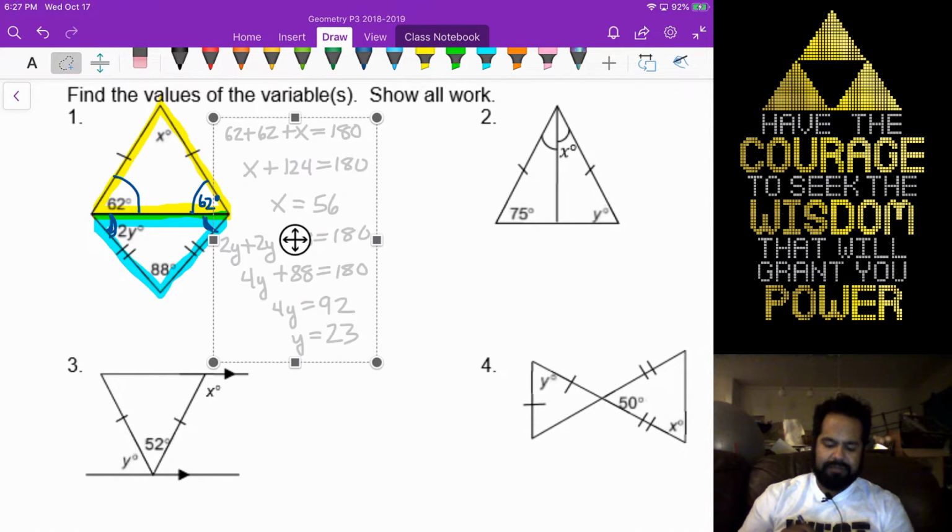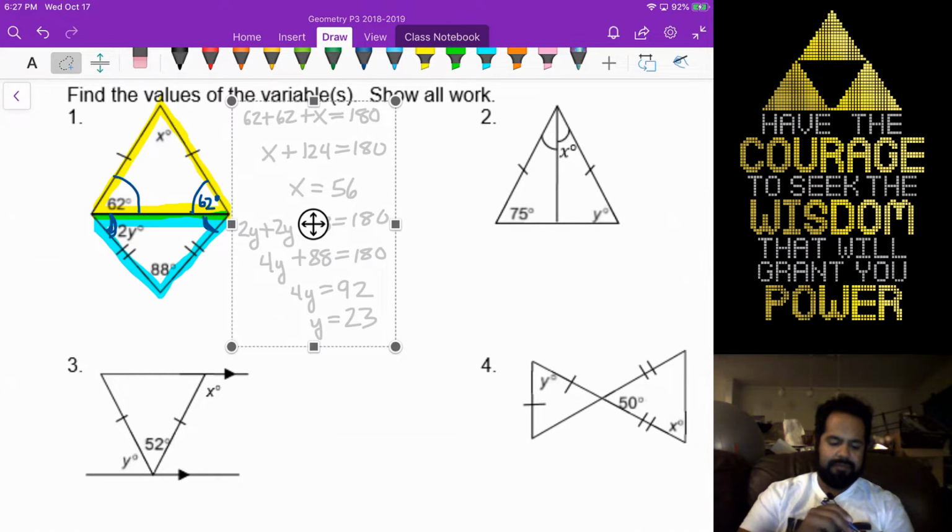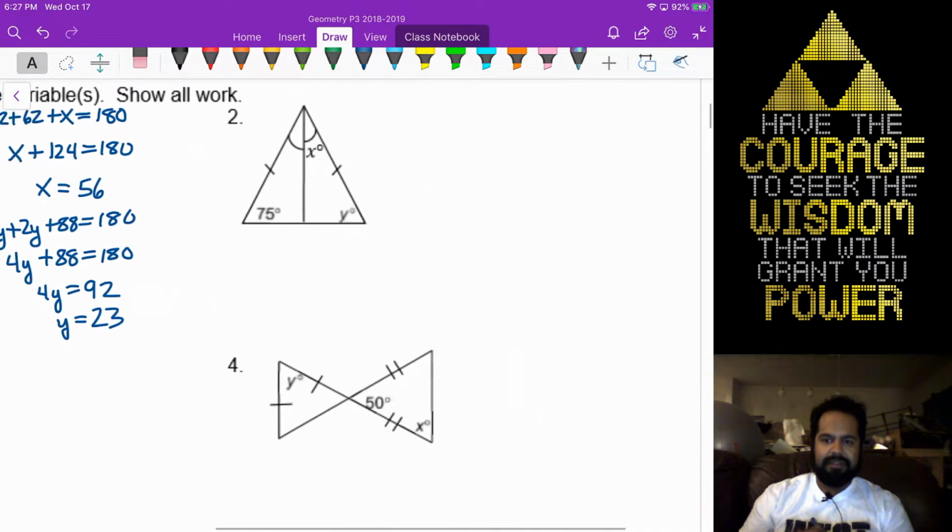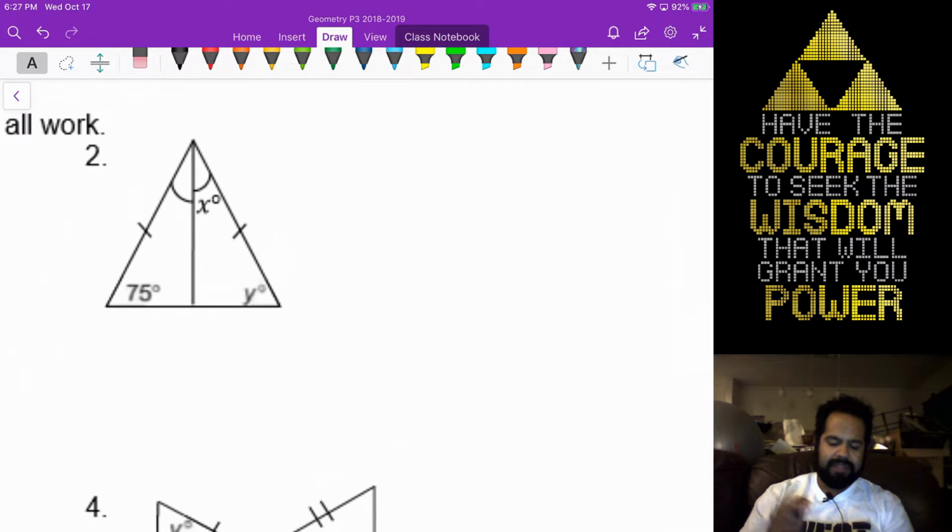Gonna cheat a little, shrink that down. Okay. Number 2. Again, I kind of looked at this in class as well, but it doesn't hurt to revisit. So the overall picture we have here is an isosceles triangle.